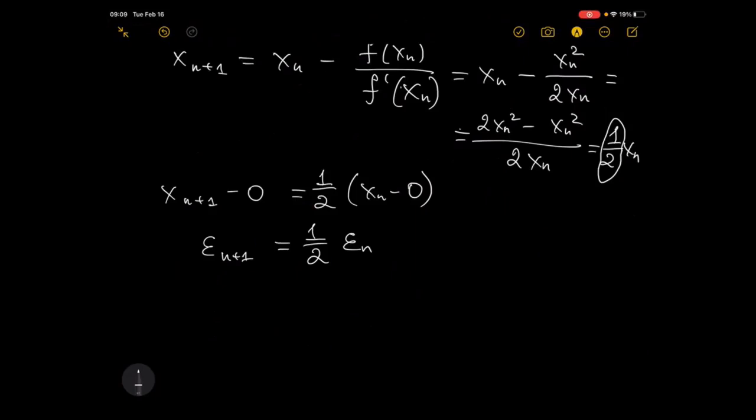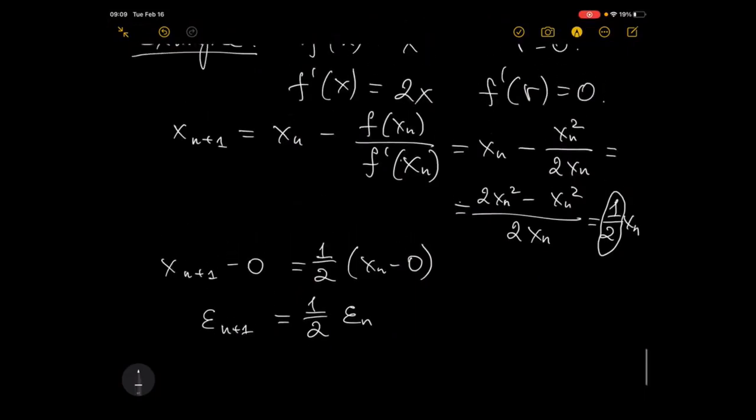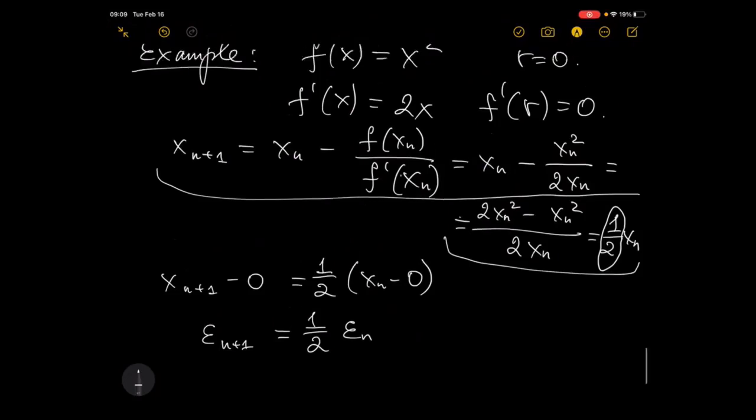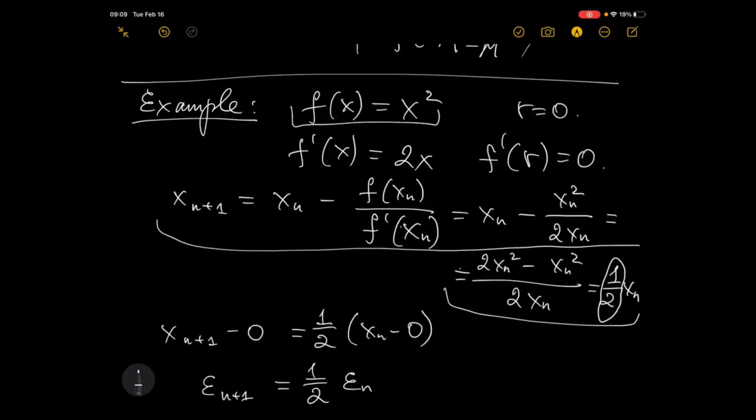By the way, once again, this is what I want to get from you when I ask you to write down the algorithm for Newton's method for a particular function. I gave you a function. This is the formula for Newton's method, so you need to substitute corresponding f and f prime for the function which you have.